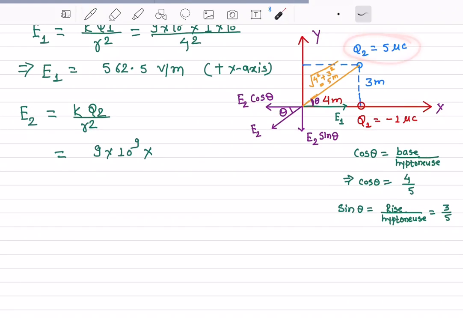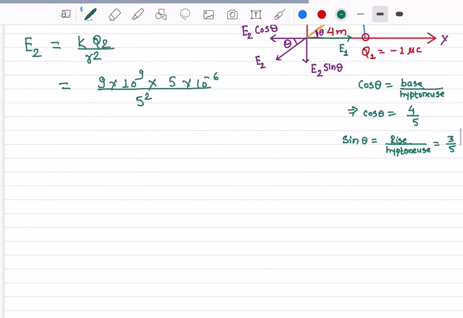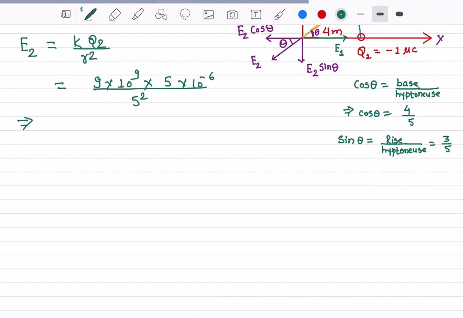K is again a constant, which is 9 times 10 to the 9, and Q2 is this charge here, which is 5 microcoulomb. 5 times 10 to the negative 6. 1 microcoulomb is 10 to the negative 6. R is the distance between the charge and the point, which is 5 meter.